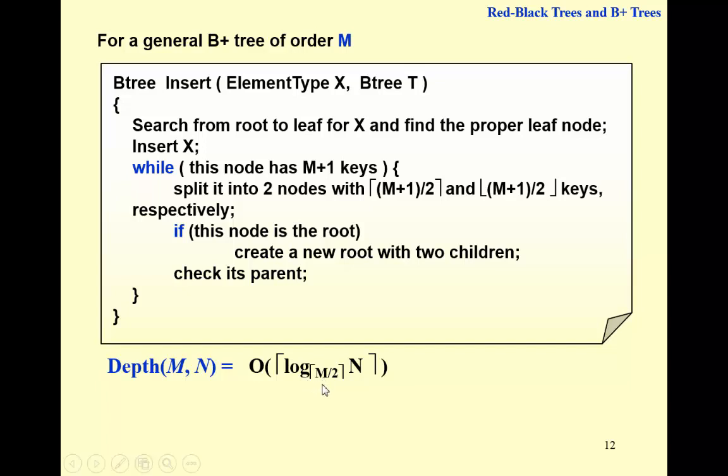To be extreme, what if we just let m be equal to n? So we're going to have one root plus n nodes. So the height of the tree, or say the depth of the tree, is just 1. Will it be the best case? Wait till we see the overall performance of this insertion.